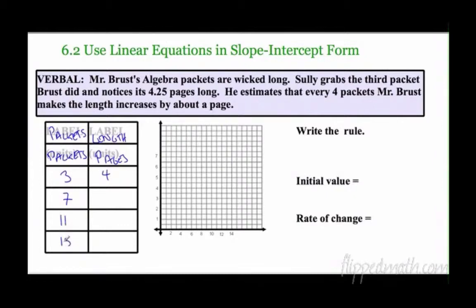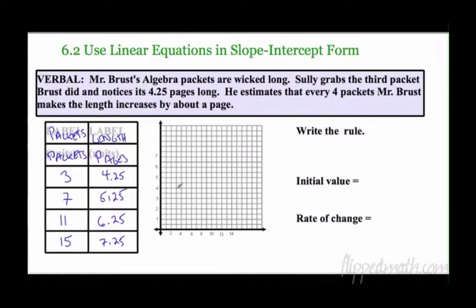So now every 4, it goes up, oh, this should be 0.25, right? Every 4 it goes up 1 page, so this would be 5.25. This would be 6.25. This would be 7.25. All right? So let's graph this. For 3 packets, 3's here, it'd be about 4 1/4.